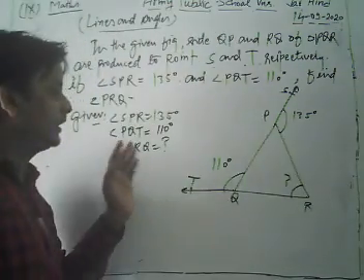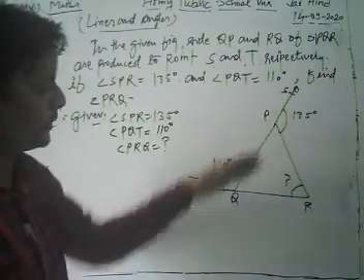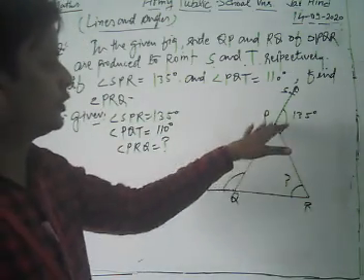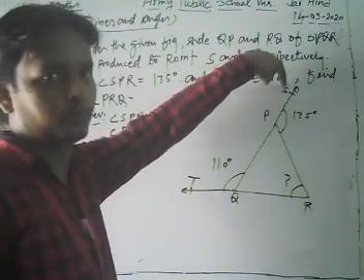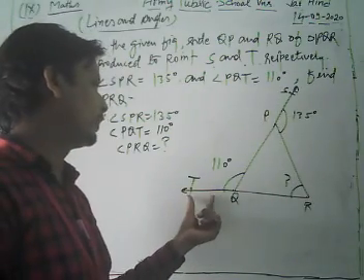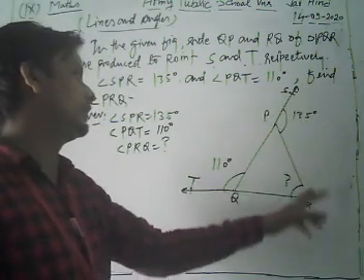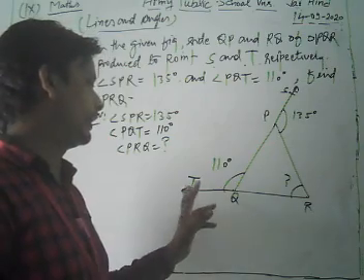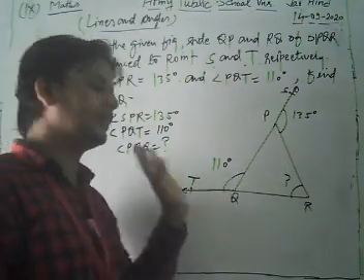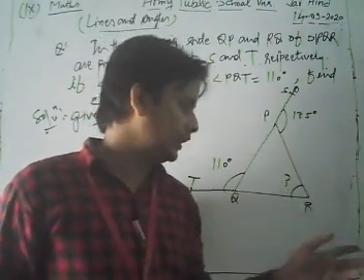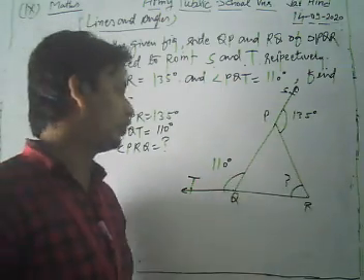Dear students, in this question we have a triangle PQR in which the side QP is produced to point S and the side QR is produced to point T, and angle SPR is given as 135 and angle PQT is given as 110, and in this way we find the angle PRQ. Now let's see.